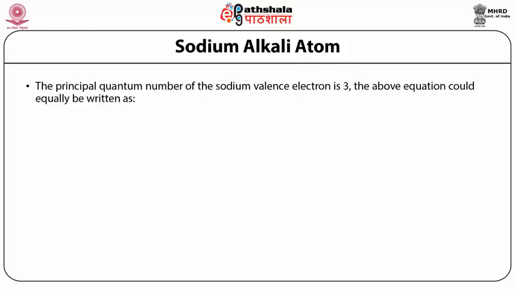Principal quantum number of the sodium valence electron is 3, and the above equation could equally be written as nu is equal to R upon (3 minus 1.373) whole square minus R upon (3 minus 0.883) square.